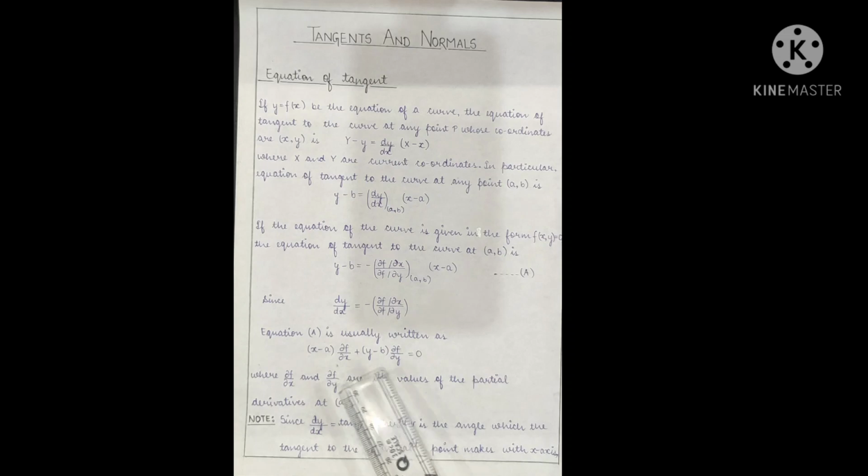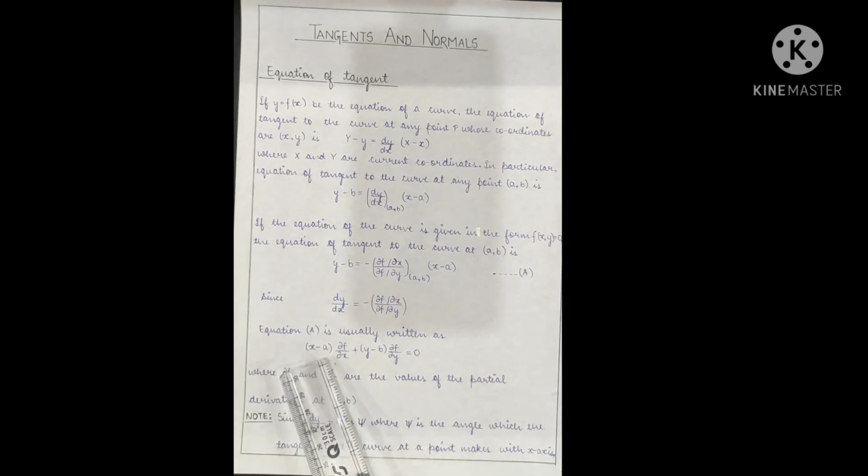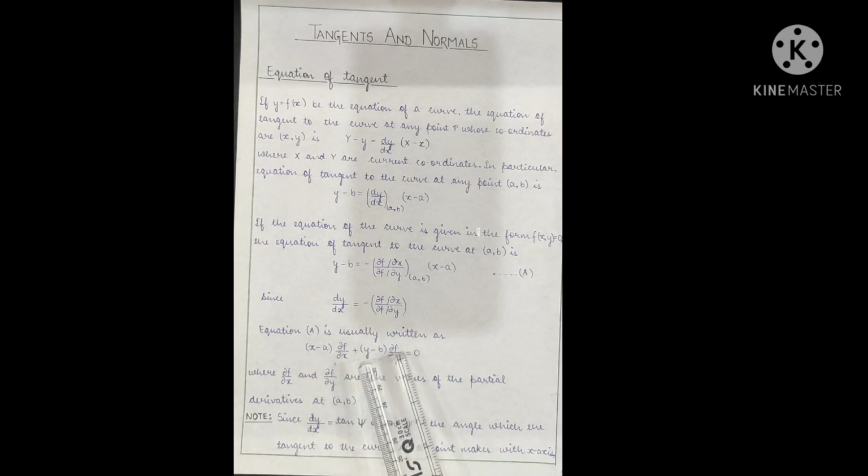So this equation can usually be written as (x minus a) into del f by del x plus (y minus b) into del f by del y equals 0. Here del f by del x and del f by del y are the values of the partial derivatives at (a, b).